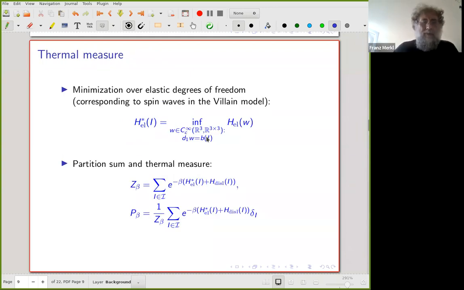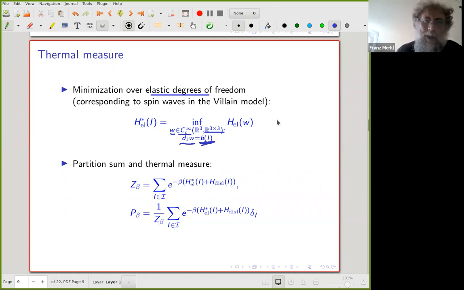Okay, and now think of we do a minimization of the elastic degrees of freedom. So think of a configuration with a given Burgers vector field, B of I, and think of all possible configurations which have this Burgers vector field B of I. So we look at all matrix valued functions, say compactly supported smooth ones, such that the kernel is our given Burgers vector field.